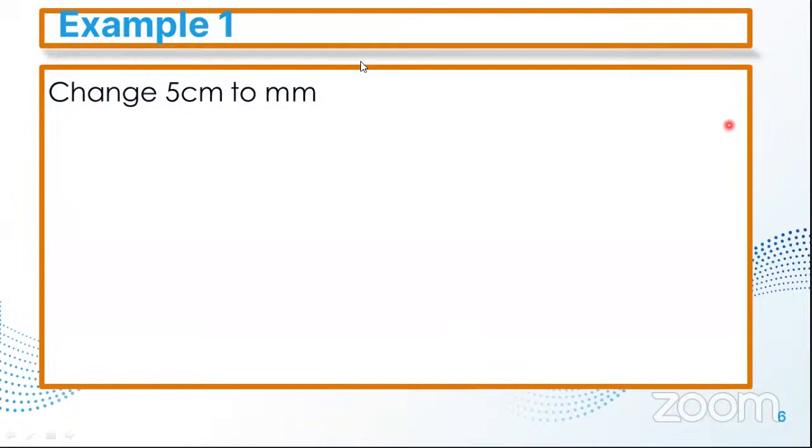Now, if you want to change this, you need to recall the order of the units. Now I want to change, but how will I get the conversion rate? How to change it?